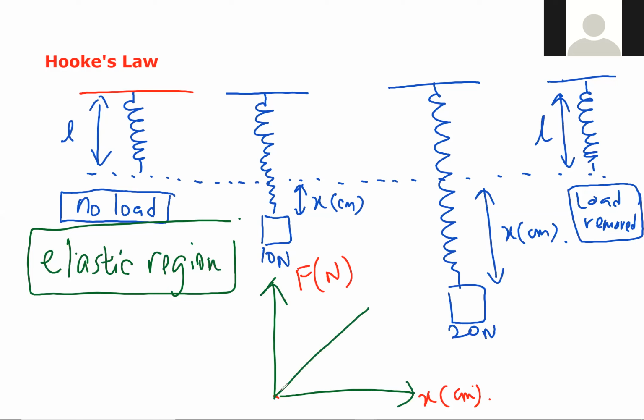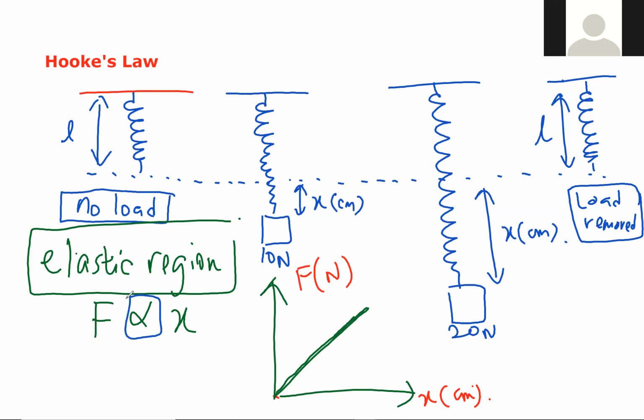Meaning that when you increase the force, the extension increases. In mathematics, we say that the force is directly proportional to the extension. As F increases, x increases. I write down here, this symbol means directly proportional.